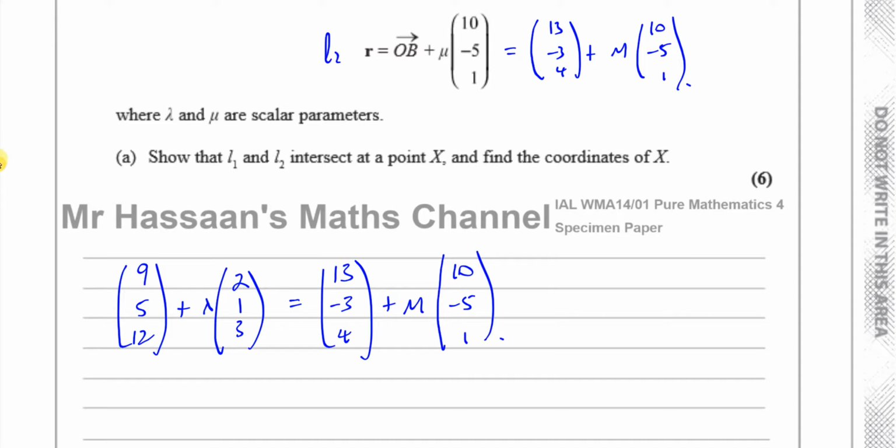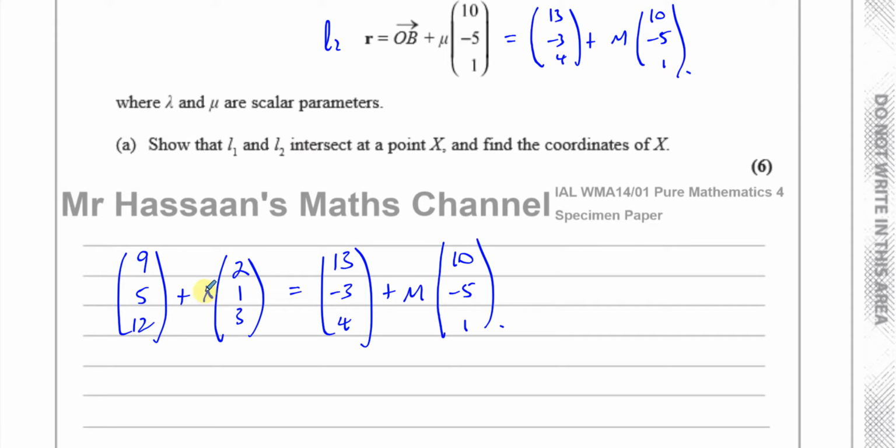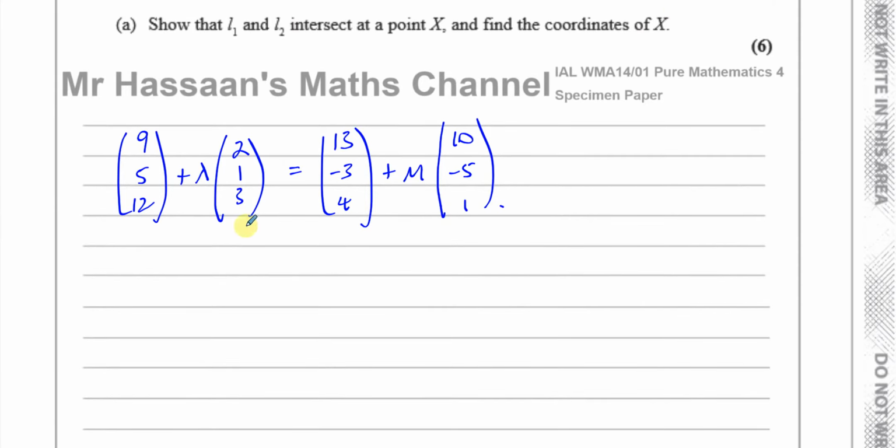So if they intersect, then there's definitely going to be a value of lambda and mu which will take us to this particular point where they're equal to each other. Now what I need to do is form three equations. One equation I can form by looking at the i components.